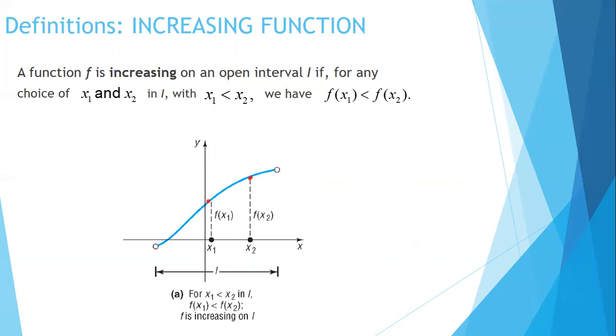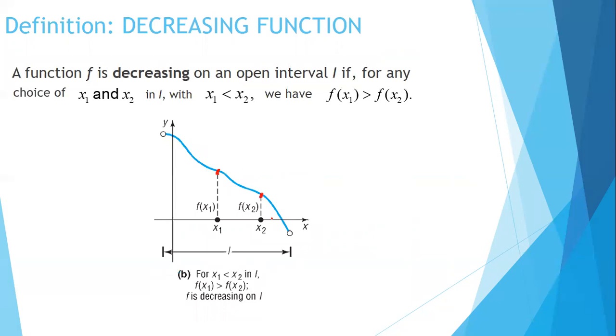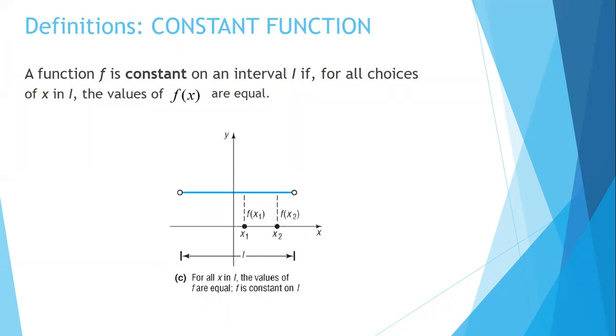Because not only are my x's increasing, but so are my y's. When you're decreasing, even though your x values are increasing, what are your y values doing? They're decreasing. Your y values are going to be going down. And for constant, what's happening? Everything is equal, right? Our x's are increasing, but our y values are equal.